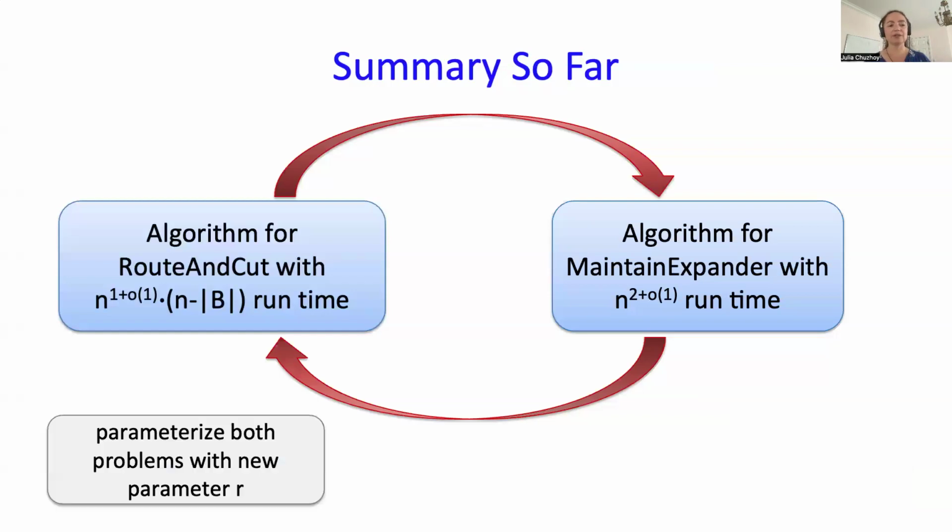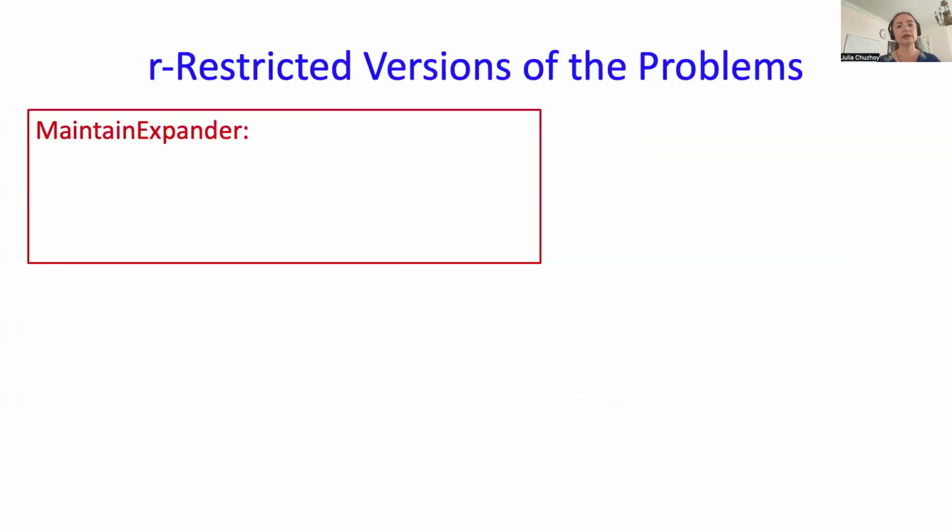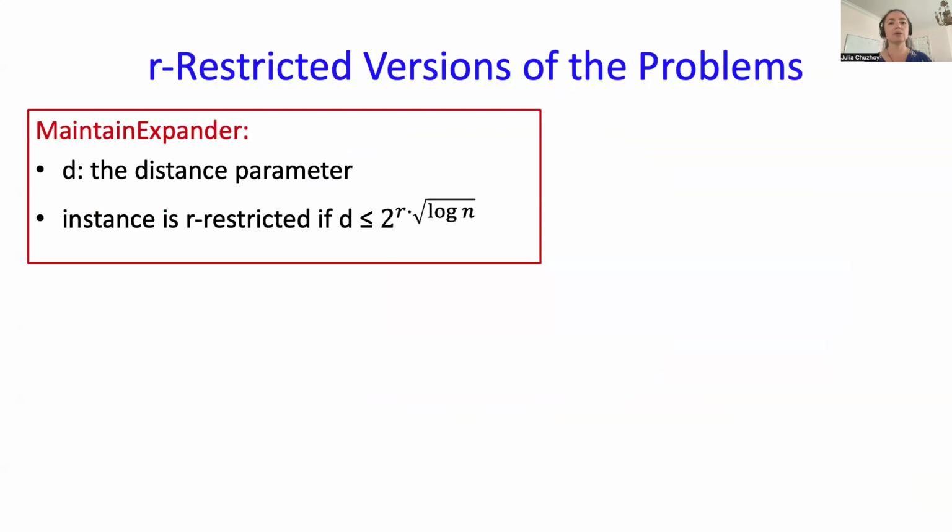So to get out of this problem, what we do is we parameterize both problems with a new parameter R. If we look at the maintain expander problem, for example, this problem already comes with a distance parameter D. And we say that an instance is R-restricted if this D is at most 2 to the power of R² log n.